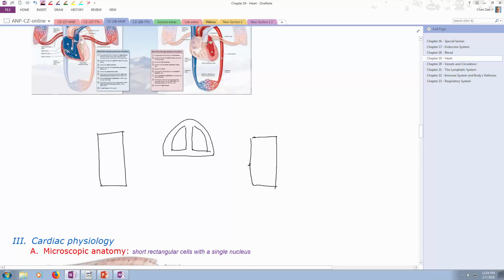And I'm going to partition my rectangle to have a smaller upper space and a larger lower space. And I'm going to call the top part of my rectangles A for atrium and the bottom part of my rectangles V for ventricles.